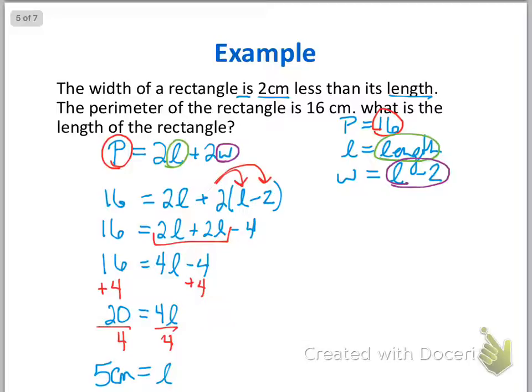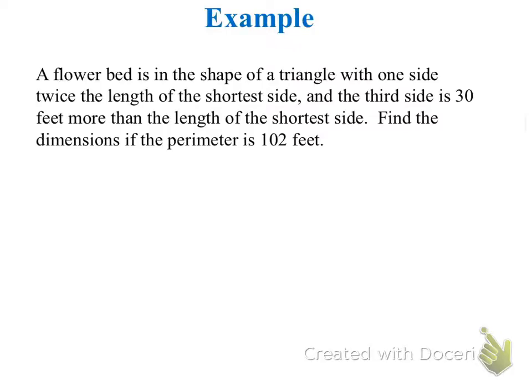Let's do one more example and then I'll set you free. Why don't you try this one on your own? A flower bed is in the shape of a triangle with one side twice the length of the shortest side, and the third side is 30 feet more than the length of the shortest side. Find the dimensions if the perimeter is 102 centimeters.